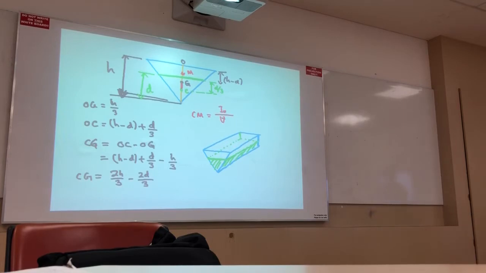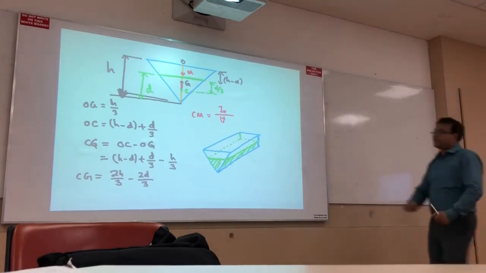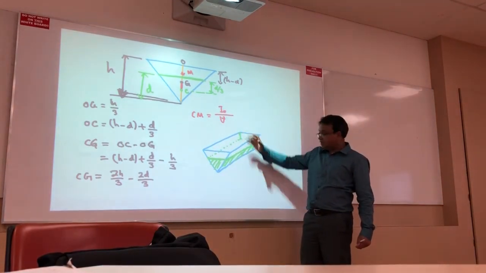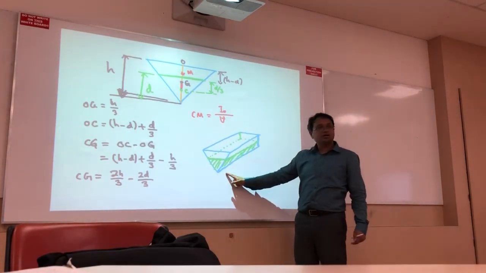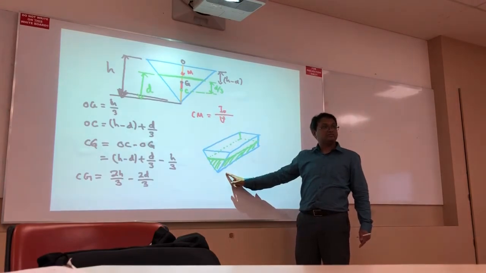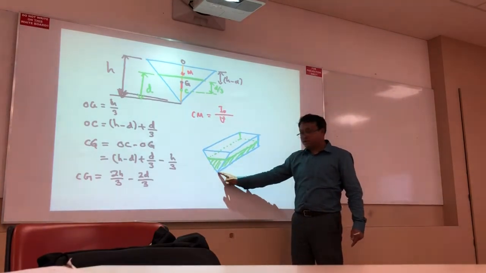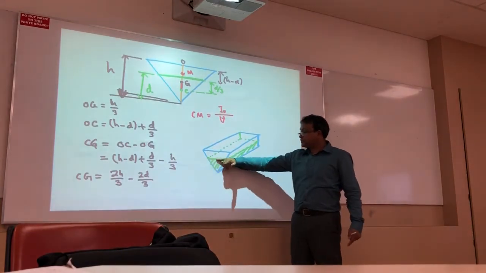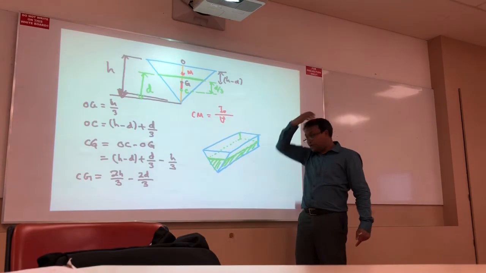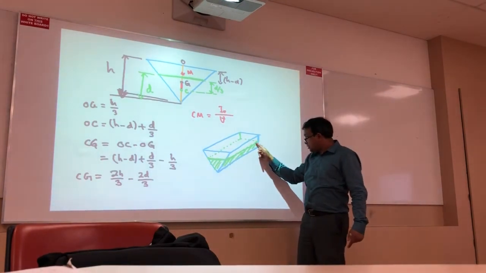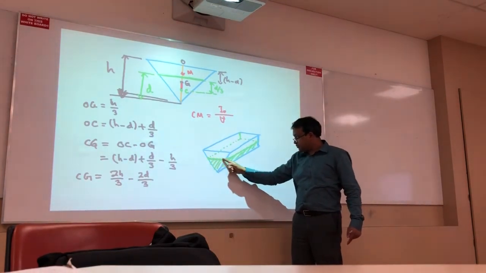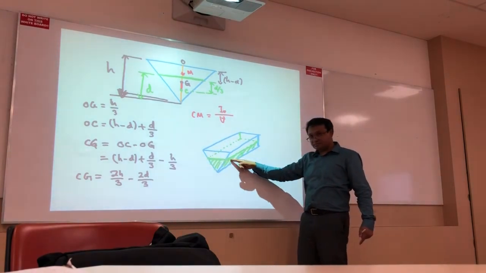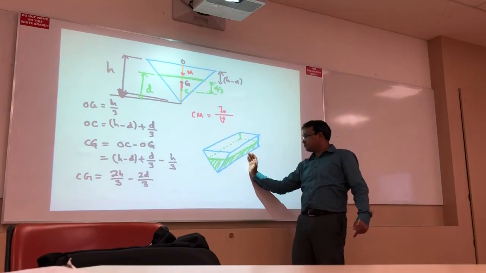So what can we see? Can you see this plane? And the distance from here to here is D. And the position of water is here. So what is I naught? I naught is with respect to this rectangle, and the axis of rotation is this, because it is tilting.